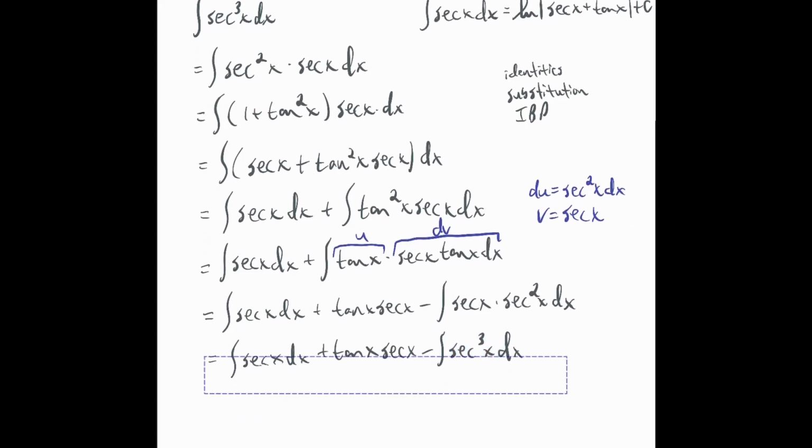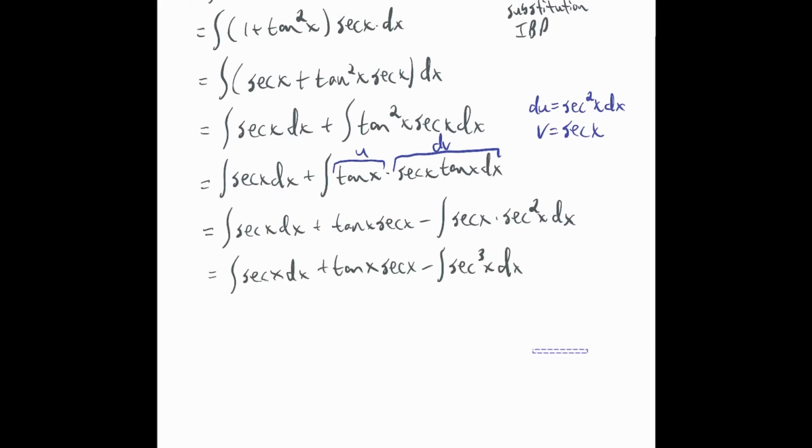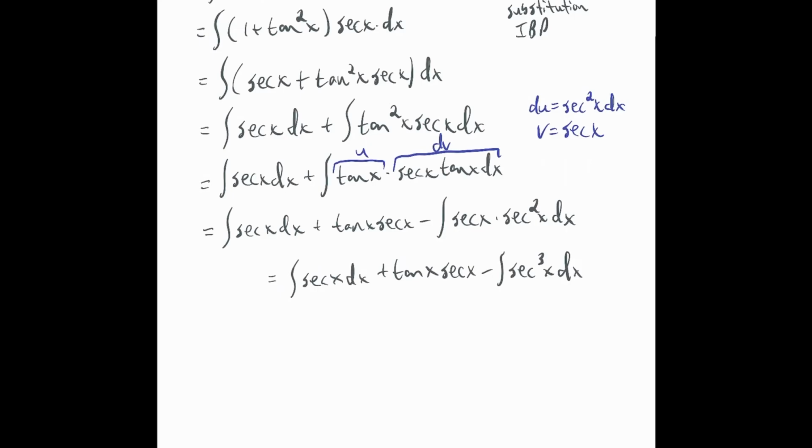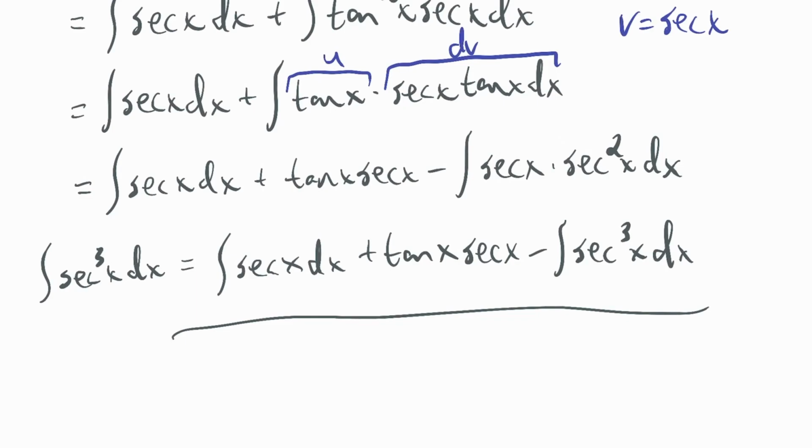I'm going to move this over a bit. Say, okay, this is the integral of secant cubed x dx equals all this. So I can add the integral of secant cubed x dx to both sides.